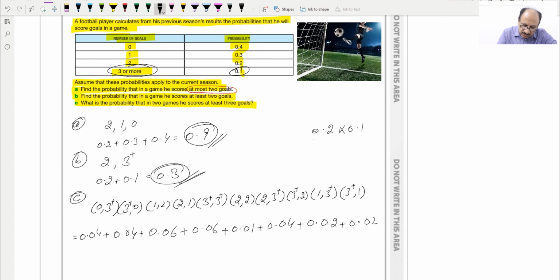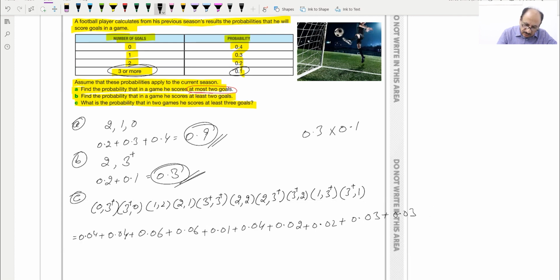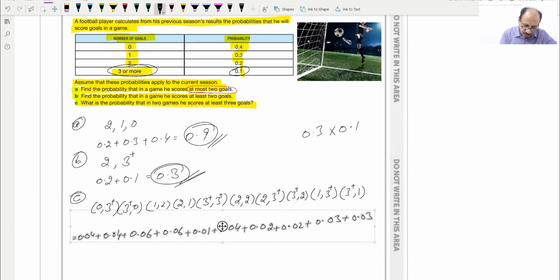Then last we can check is 1 and 3, so 1 will be 0.3, and 3 is 0.1, so 0.03 plus once again 0.03. And these are the probabilities which we have written over here.